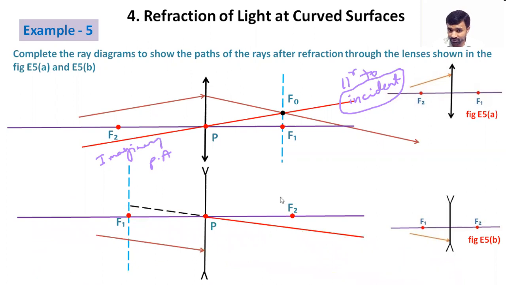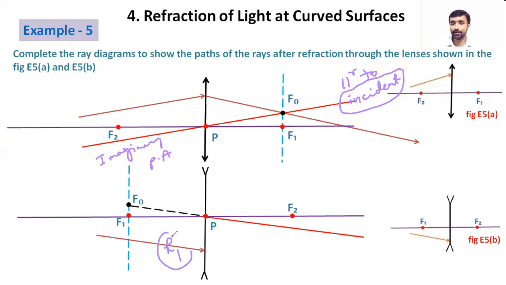Where I got that line passing through the pole and coinciding with the focal plane, that point is the imaginary focus. Now look at your incident light ray, R1, how is it with the principal axis?